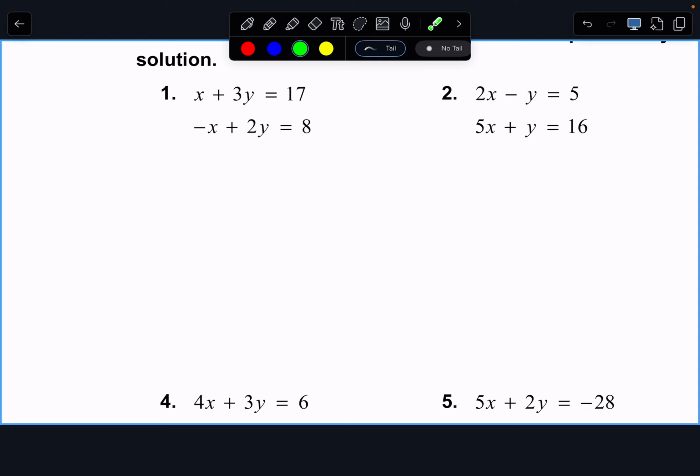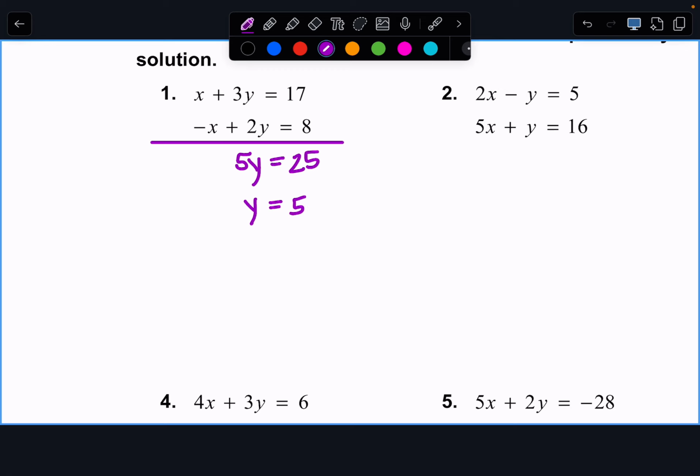When we add these together, which variable eliminates? Okay, and we have 5y equals 25. So what is y? 5. Raise your hand if you plugged 5 into the first one. Raise your hand if you plugged y into the second one.